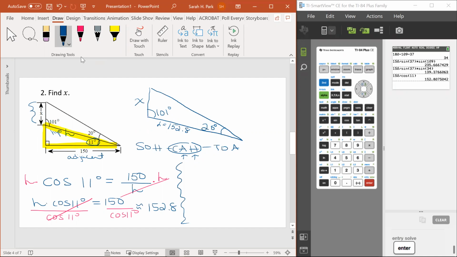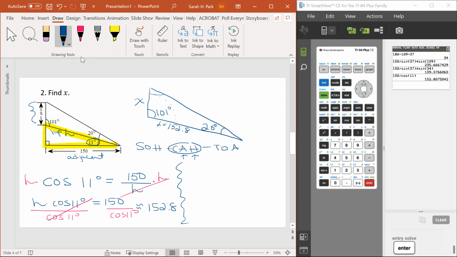So we have 20 degrees, and we have that H is 152.8. We actually need the angle directly opposite from this side, and that's pretty easy to find.